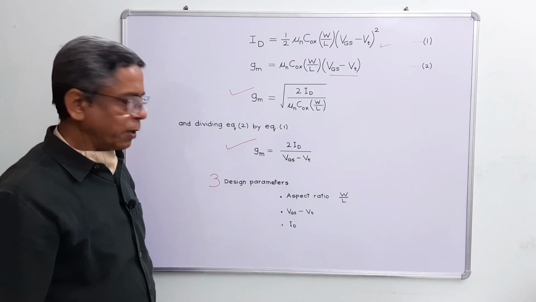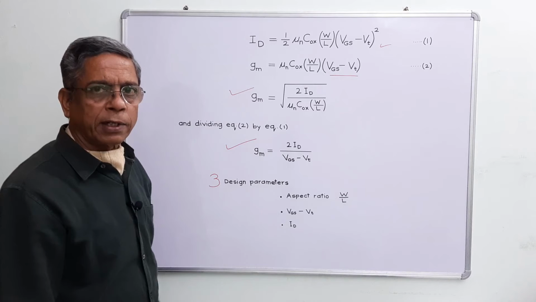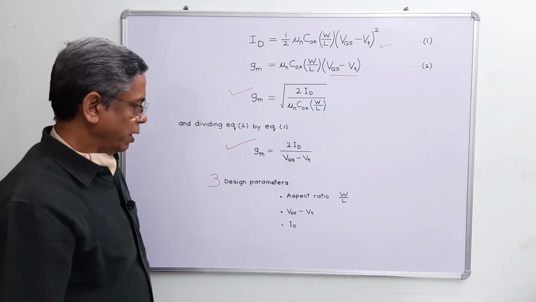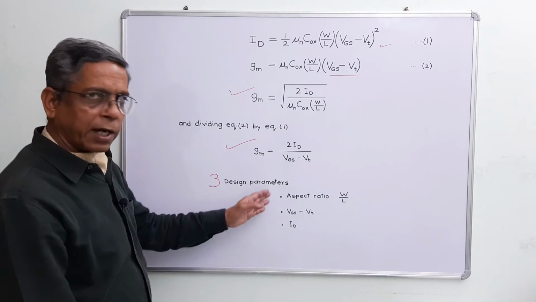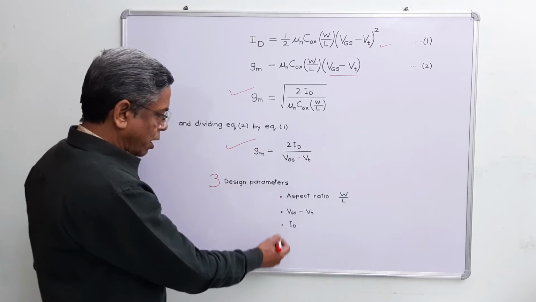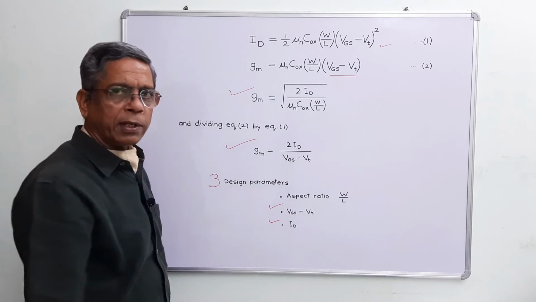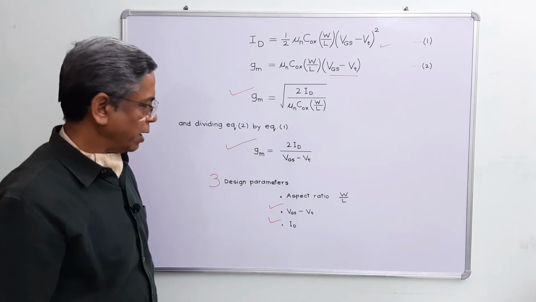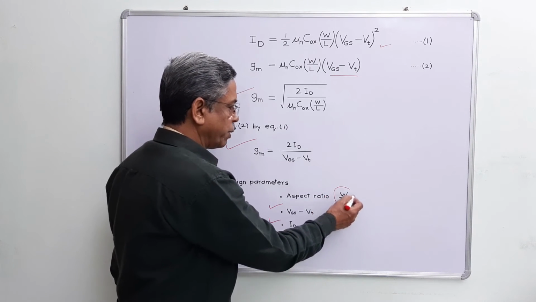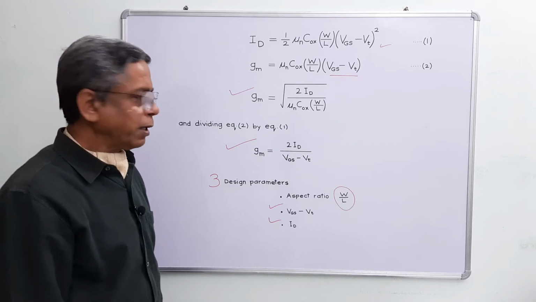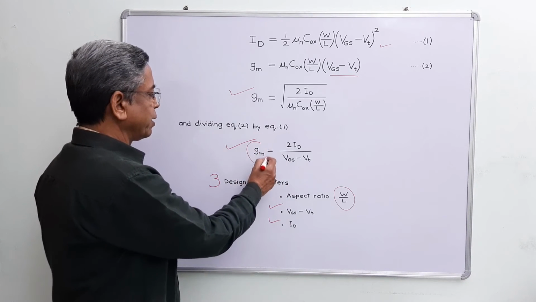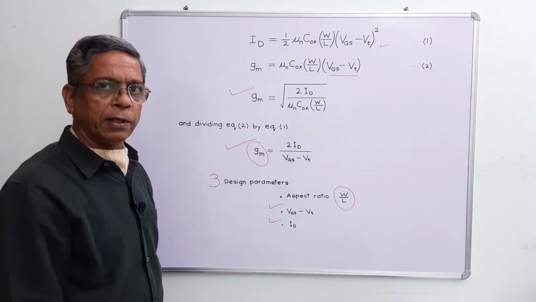For designing any circuit containing MOSFETs, one can start by selecting any two of these three. For example, this and this can be taken first and the aspect ratio can be calculated. After that, the value of transconductance can be calculated easily.